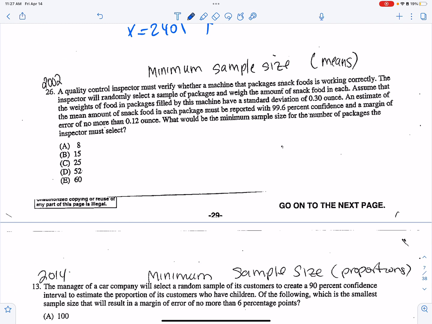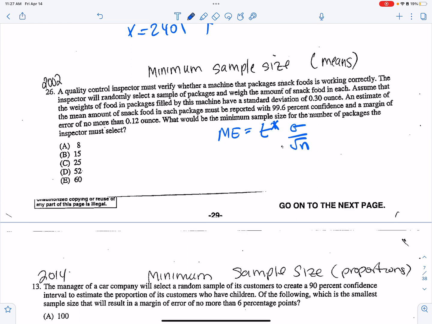Okay, this one here is means, and so we're going to be using the margin of error equals. Now, I'm using z star. Yes, we use t star typically, but because we don't know the n, we're looking for n. Really, if I was showing work on a test, I would do this, not that you have to show work on this: t star times sigma over square root of n.